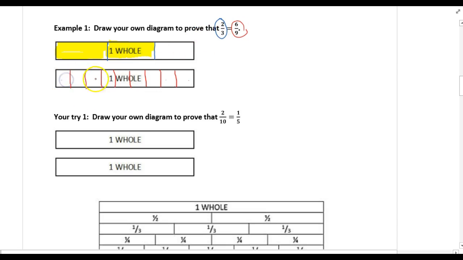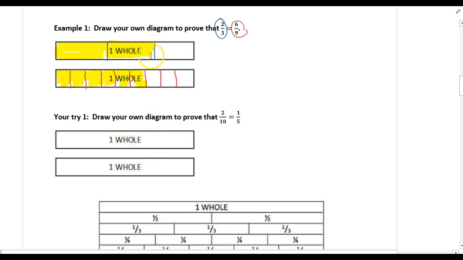So we have 1, 2, 3, 4, 5, 6, 7, 8, 9. Now, I'm going to shade in 6/9 of this. So there's 1, 2, 3, 4, 5, 6. My math didn't really work out because I didn't divide them equally.